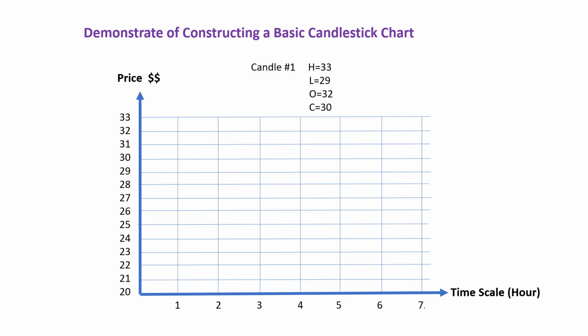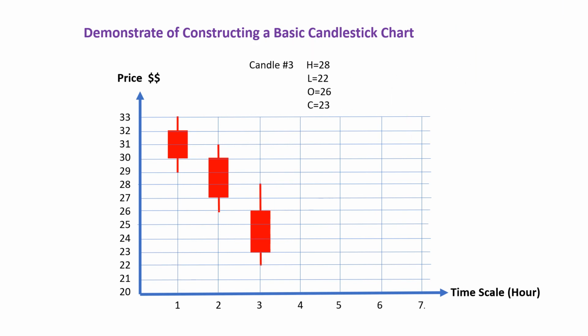So this is the information for the first candle, and that's candle number 1. Information for the second candle, and that's candle number 2. Information for the third candle, and that's candle number 3. Information for the fourth candle, and that's candle number 4.